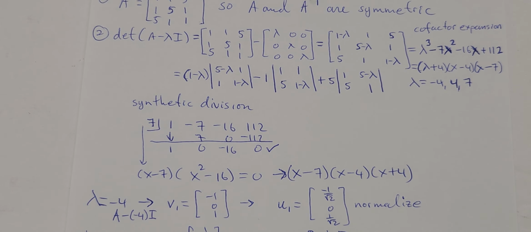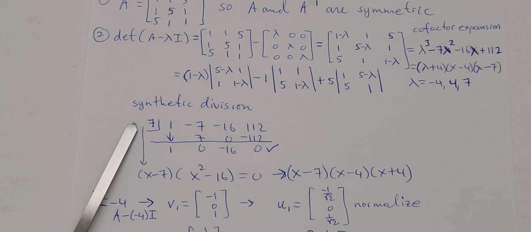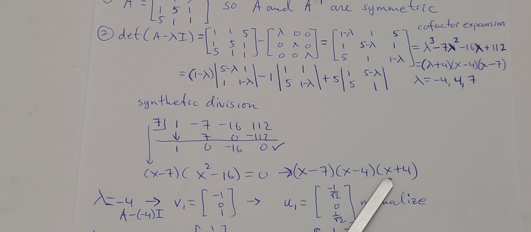Again, where did I get this polynomial? Using the cofactor of this 3 by 3 matrix, multiply everything out, combine like terms, and you will get this polynomial. After that, I use synthetic division so I can get my factors.